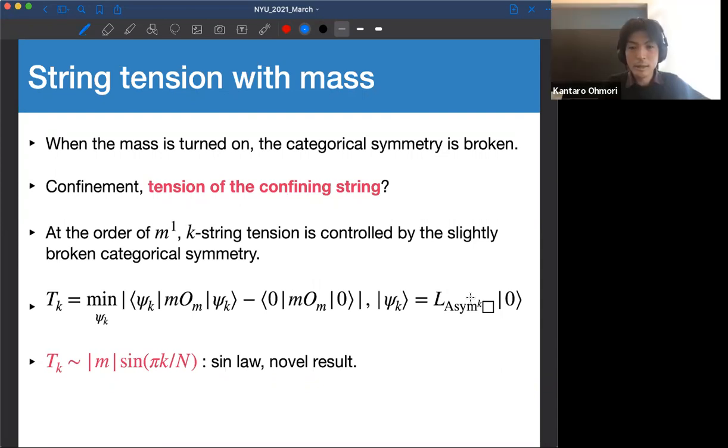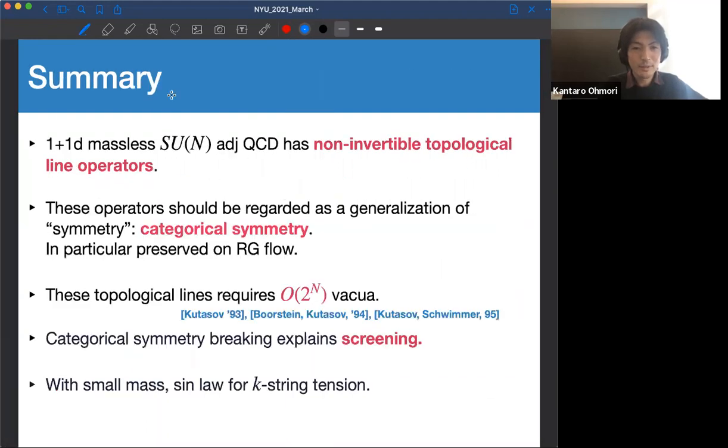As long as it's in 1+1D, for example, if you consider SU(N) QCD in the fundamental representation but with many flavors, then there is a categorical symmetry. For higher dimensions, I do not know.